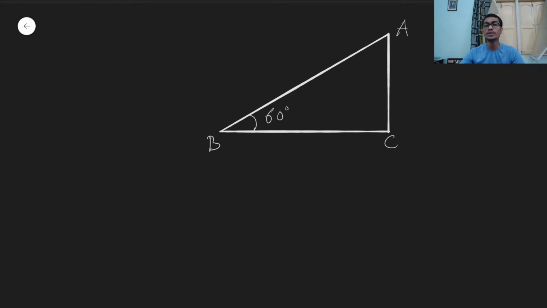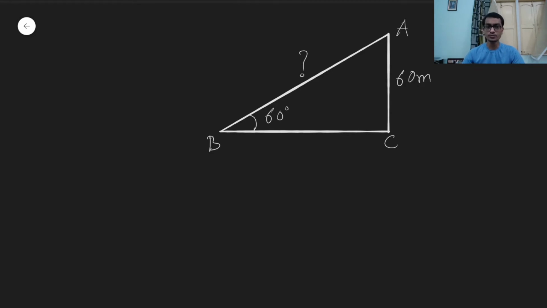Also the height of the kite, that is the height of A from C, is 60 meters, and we have to find the length of the string, that is the length of the side AB.